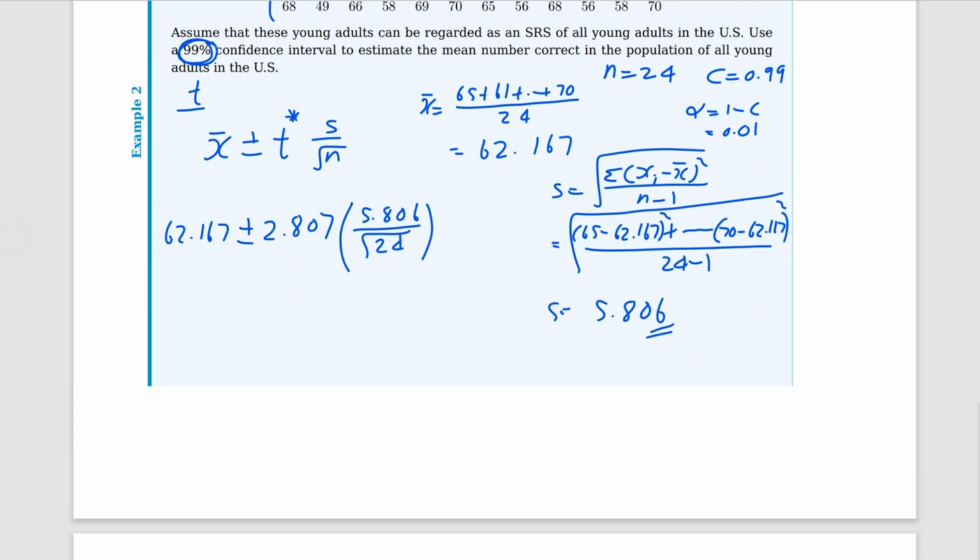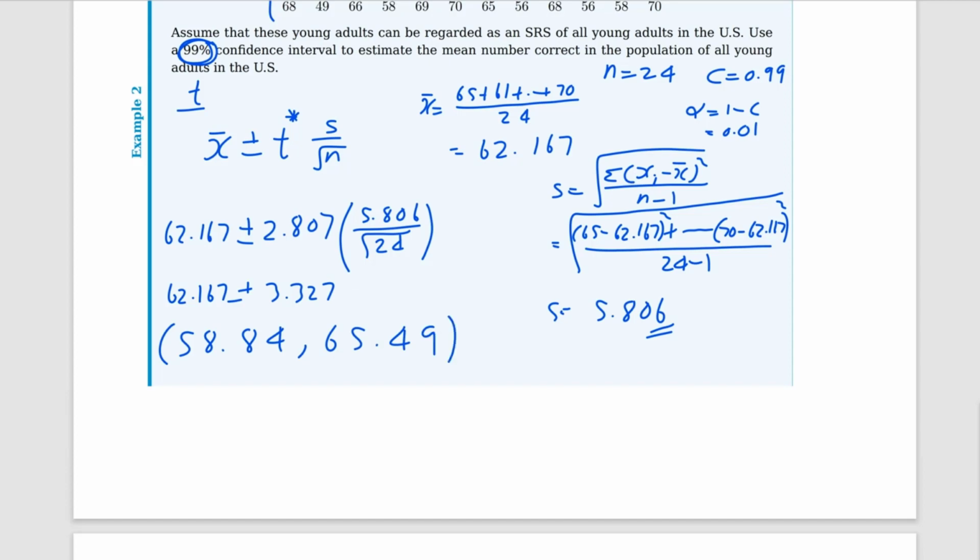So this is the confidence interval. Now we can simplify. 62.167 plus or minus 3.327. Then we can write the confidence interval: 58.84 and 65.49.